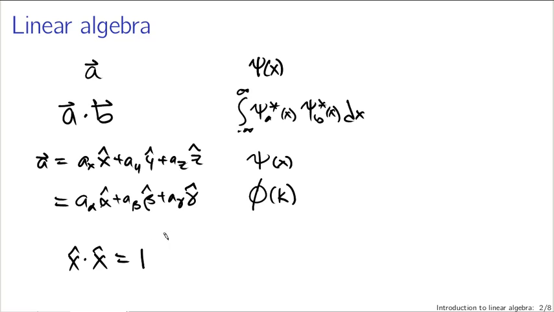Finally, taking the dot product of a unit vector with itself is like saying the integral from minus infinity to infinity, back with our expression of the dot product, of psi star psi dx is equal to 1. That's our normalization condition.